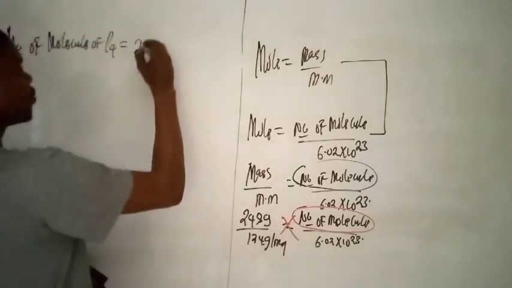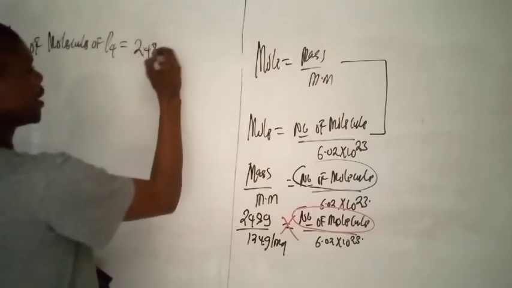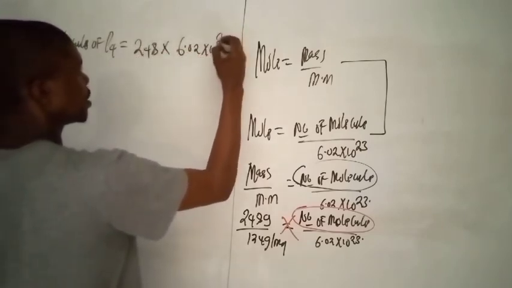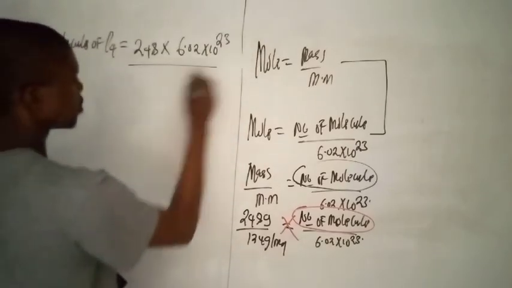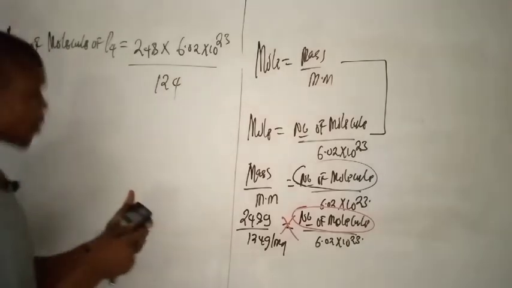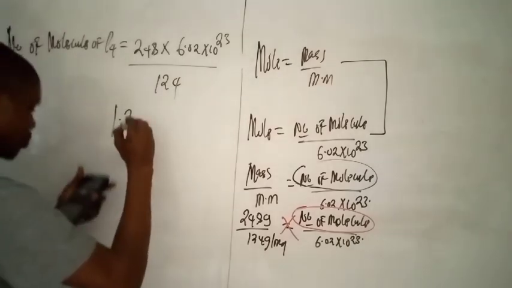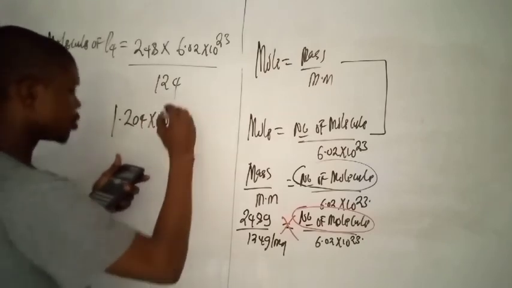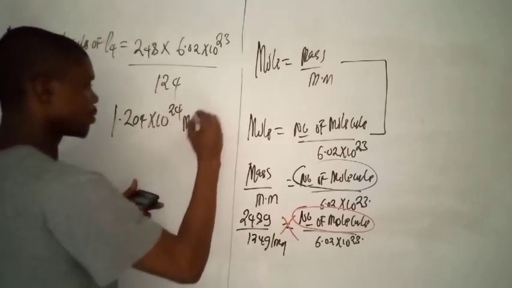You get 248 times 6.02 exponential 23, all over 124. If you apply your calculator here, we have 1.204 exponential 24 molecules.